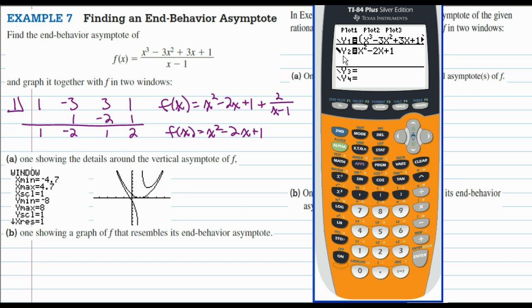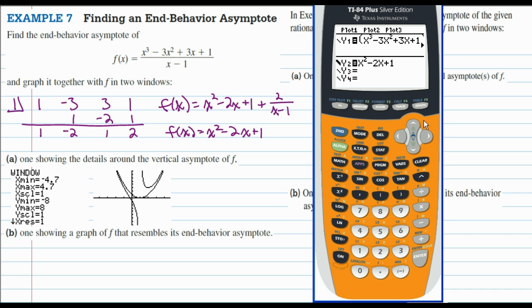I'm going to make the end behavior dark, because if they look very close to the same function, I won't be able to see the 2 graphs separately. So if I make y2 dark, I should be able to see both functions graph. That was my original function that does have the vertical asymptote, and now here's the new one that graphs right on top of it. They look almost like the exact same function.